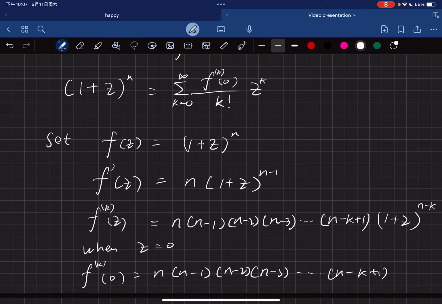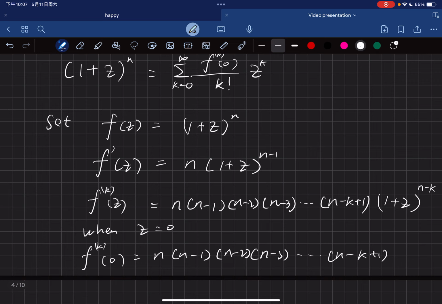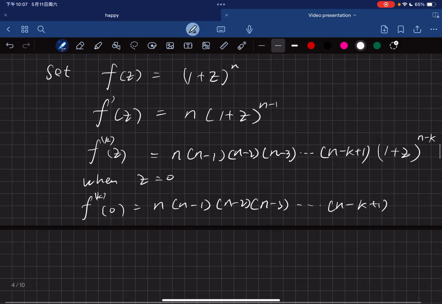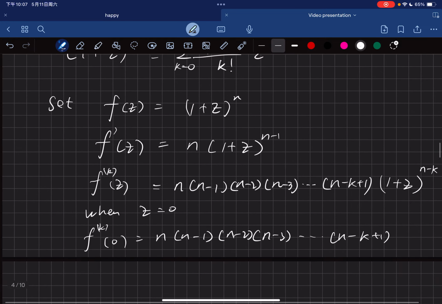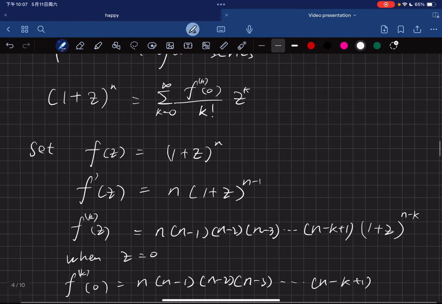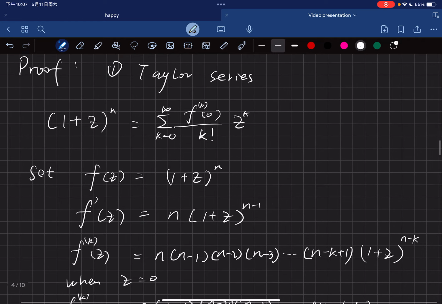And 1 to the power of n minus k is just 1, so 1 times anything is anything. So we just simplify this equation. We get this equation from taking the kth derivative of the function f(z).